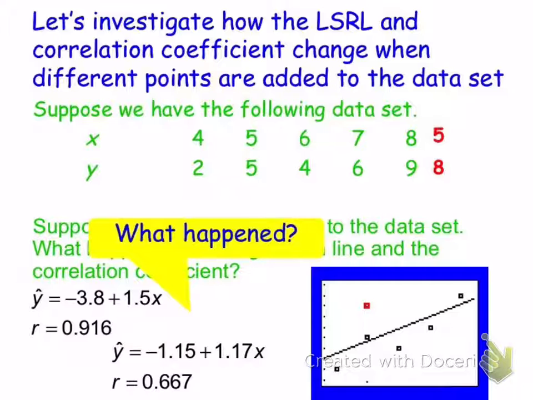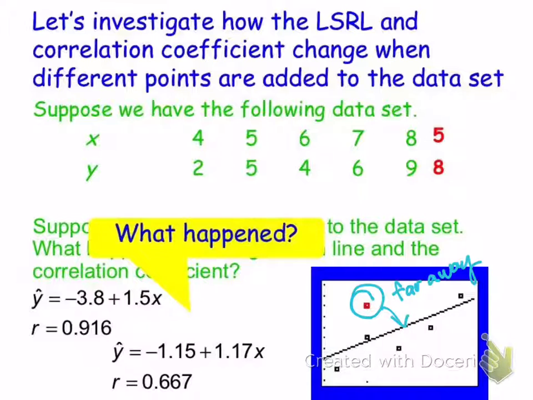So what do you notice about this dot in relationship to my LSRL? Is it close? Is it further away? It is the furthest away. So when I add a point that is far away from my LSRL, it is not helping my situation.